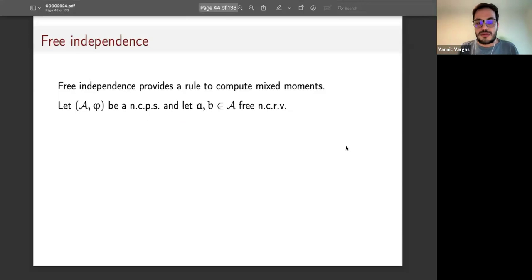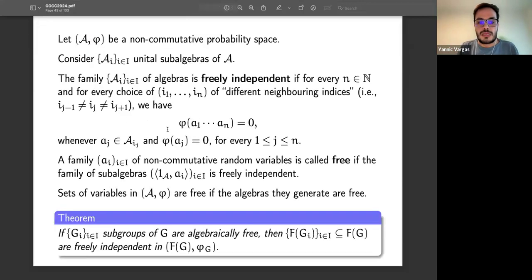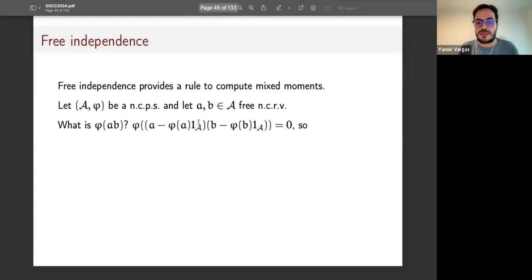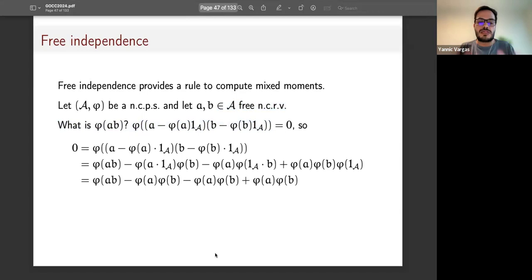Okay, so if I go back to the definition, as soon as I have this situation, the expectation of such a product of terms must be 0. So phi of this product must be 0 because A and B are free. So when I apply the linearity of phi, I end up with this result: phi of AB is phi of A times phi of B.